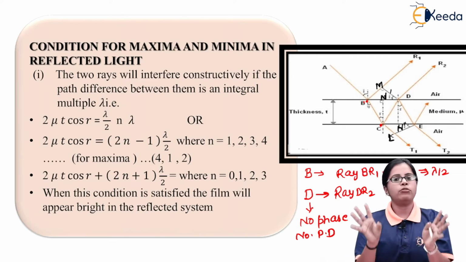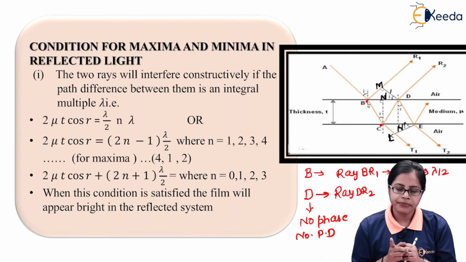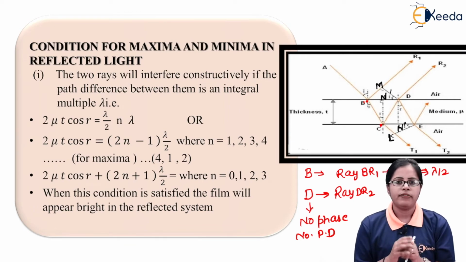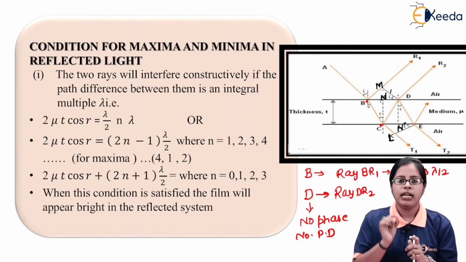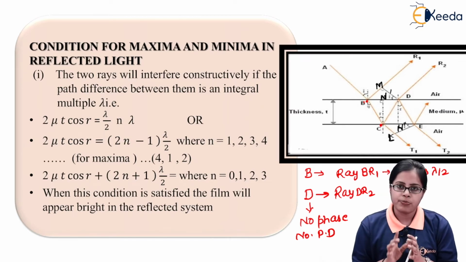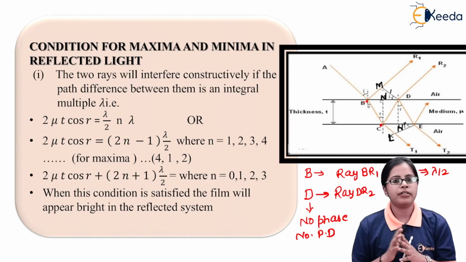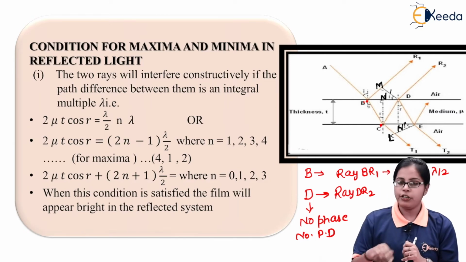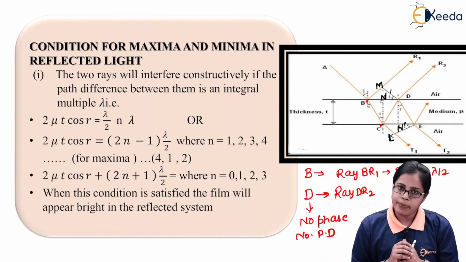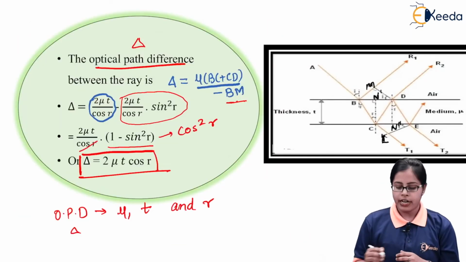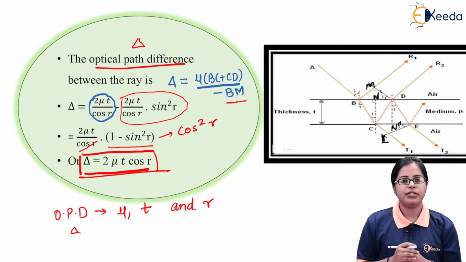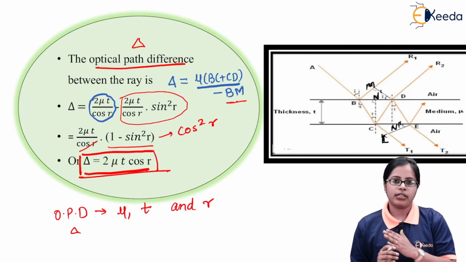So if you look at both the rays, BR1 and DR2, we have a path difference of lambda by 2 at only one point, that is B, and there is no path difference at point C. When you talk about the overall optical path difference, as you can remember, in the previous case we had already calculated the path difference as 2 mu t cos r.